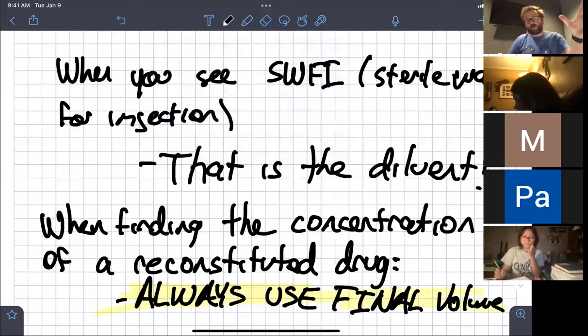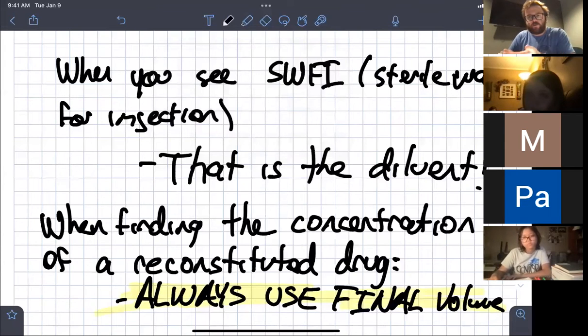Now we're going to go back to that problem, but think to yourself: if I'm solving for the final concentration of a drug that started as a powder, doesn't it make sense to use the final volume? After I mix it with water, after I bring it into solution, that's what you're going to use. So if you have a problem in front of you and it says, what is the concentration?